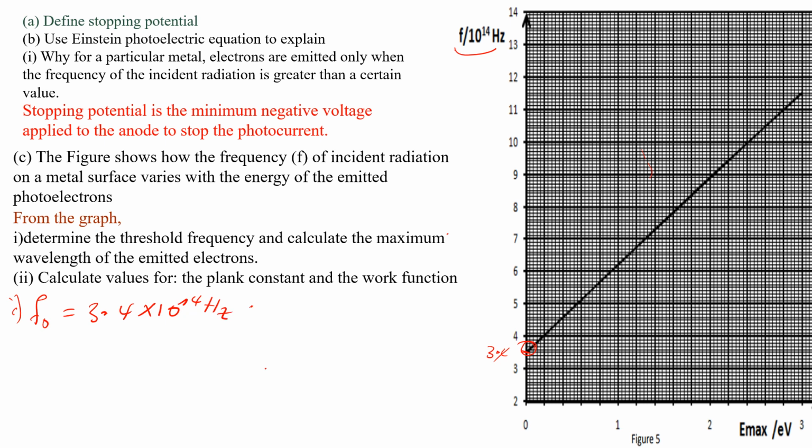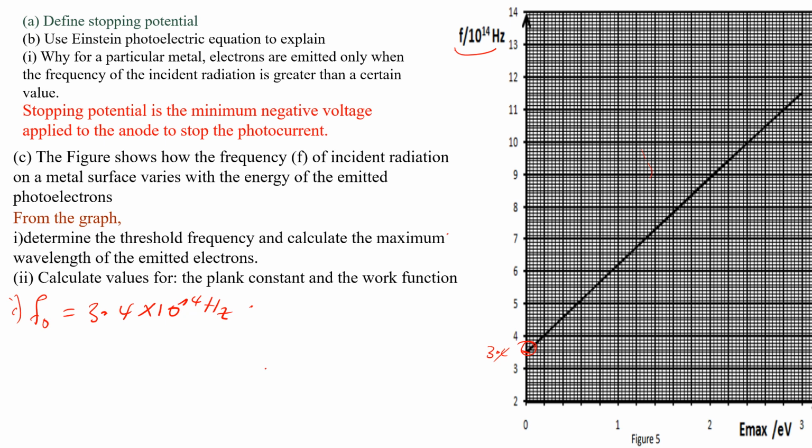Okay, now the next is we should calculate the maximum wavelength for the emitted photoelectrons. Now, since the frequency f0 is the minimal frequency, it means the maximum wavelength is going to occur for this value of the frequency.